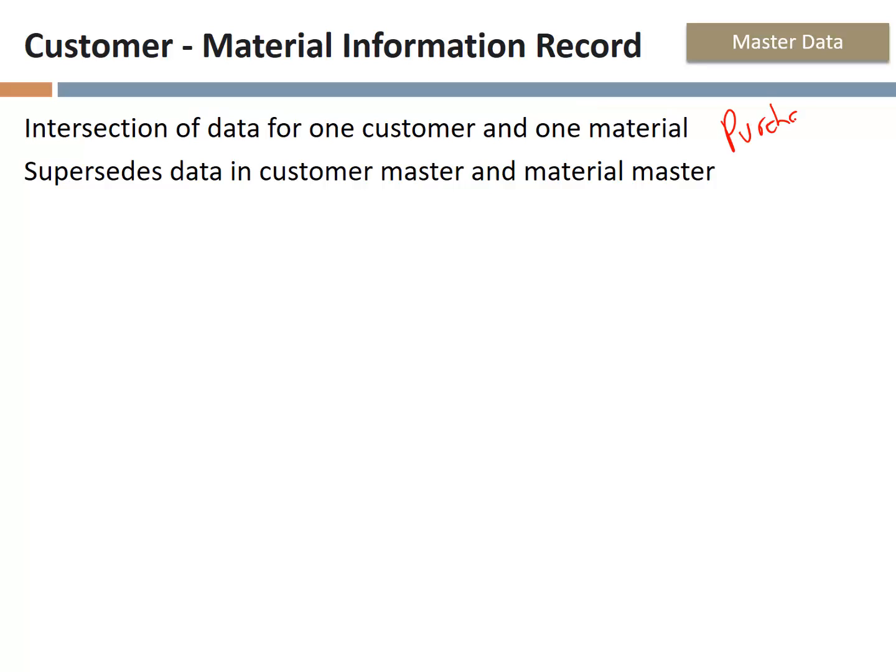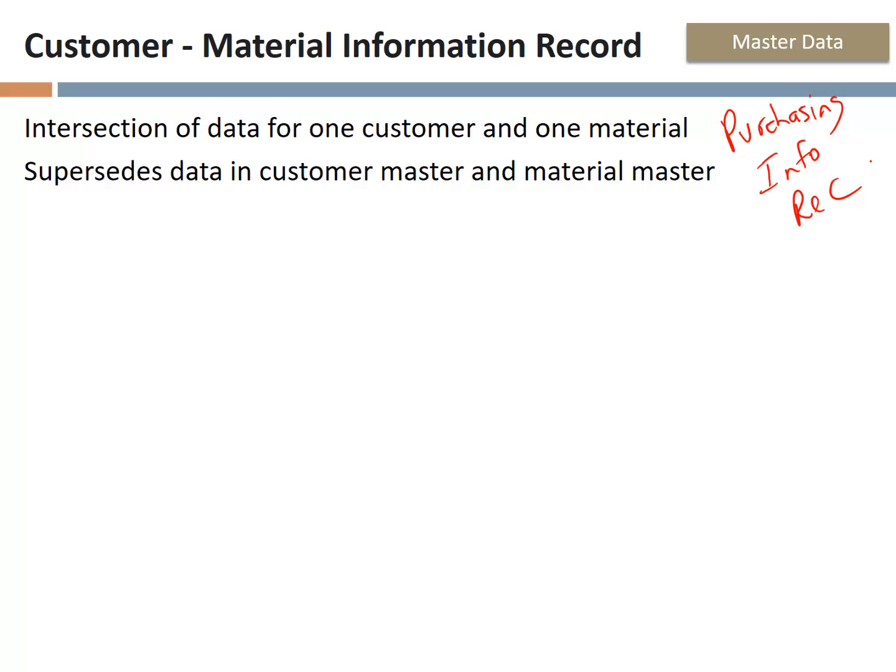Remember this guy right here? I hope you do. Purchasing info record. And what was a purchasing info record? This was the intersection of a material with a vendor that we purchased it from. And it gave us the ability to track information that would be unique about our buying just that given material.